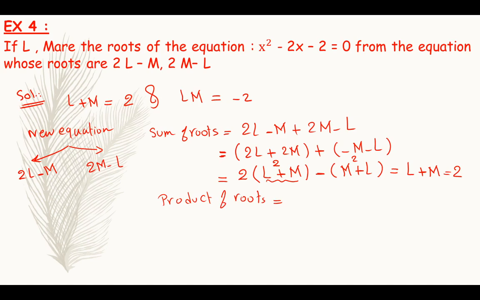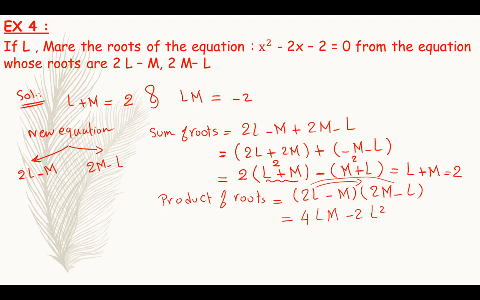Product of roots will be 2L minus M multiplied by 2M minus L. Here we are going to multiply. 2L times 2M will be 4LM. 2L multiplied by negative L will be negative 2L squared.